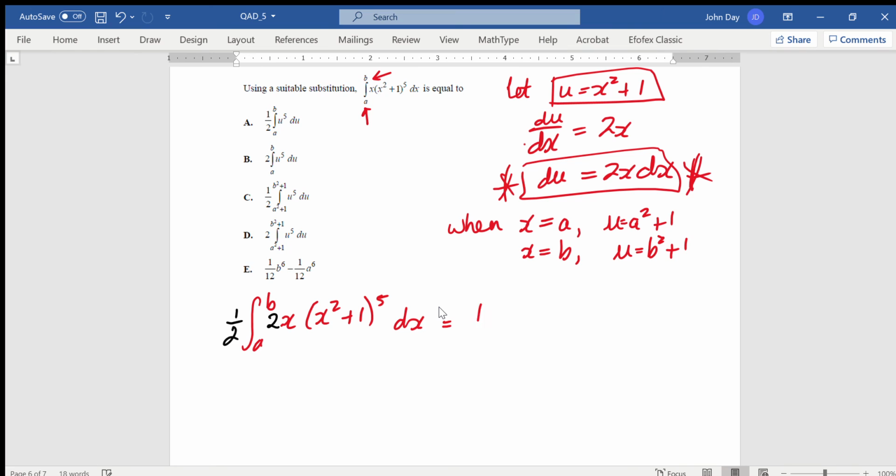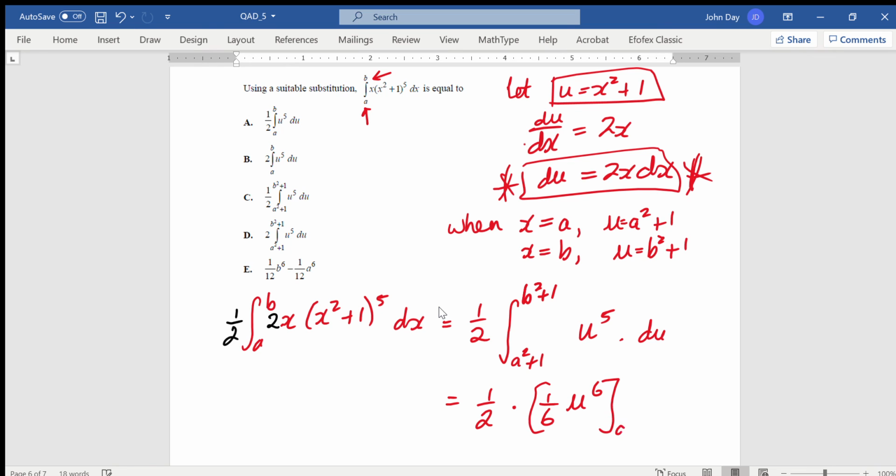That's equal to a half, the integral, substituting with u, going from a squared plus 1 to b squared plus 1. And then 2x dx is just du, and x squared plus 1 is u, to the power of 5. So we're going to end up with a half, and then this is a sixth u to the sixth from a squared plus 1 to b squared plus 1.